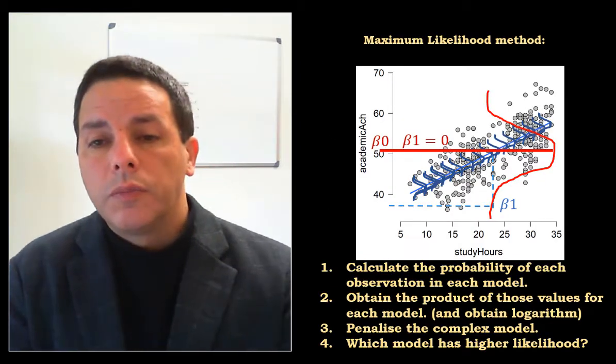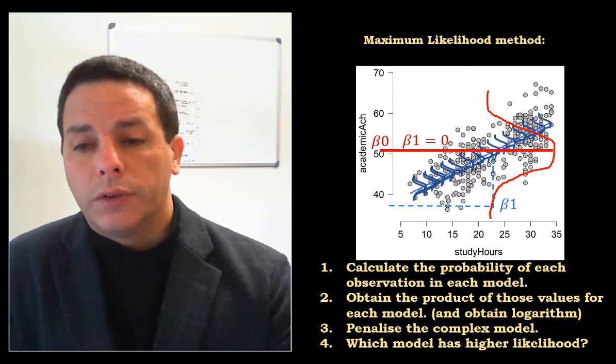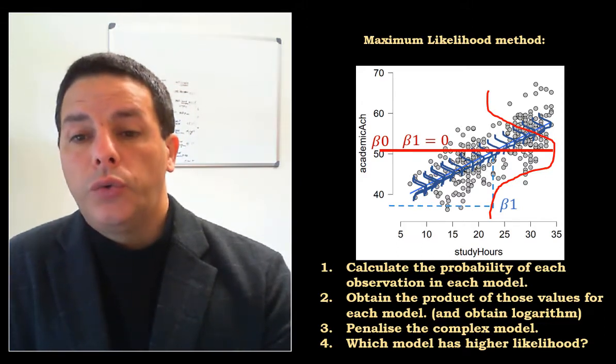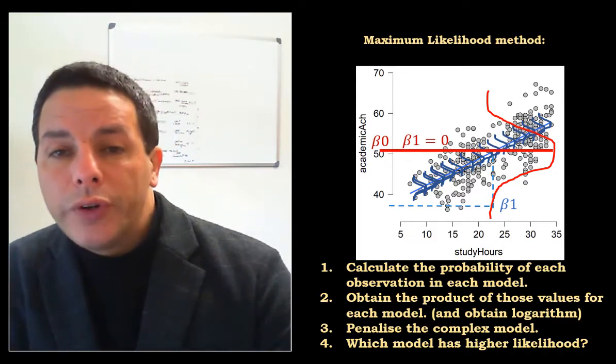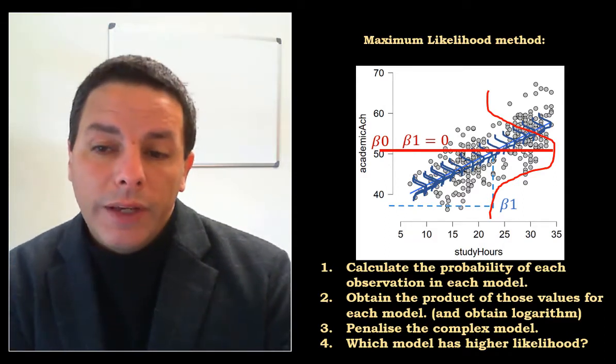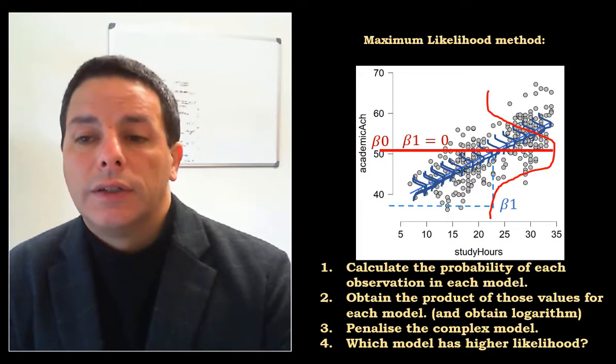Okay, so in the maximum likelihood method, we use the two models to predict the individual data.